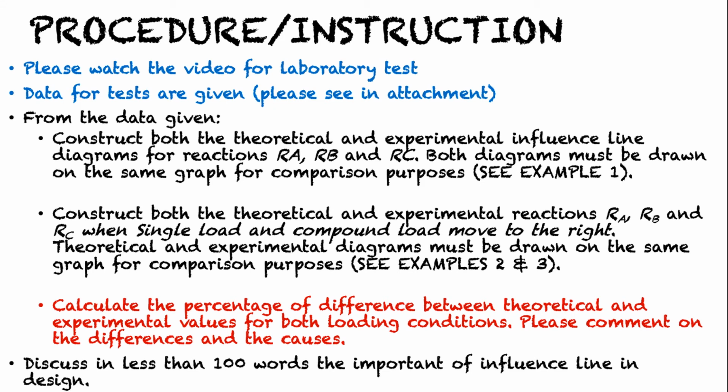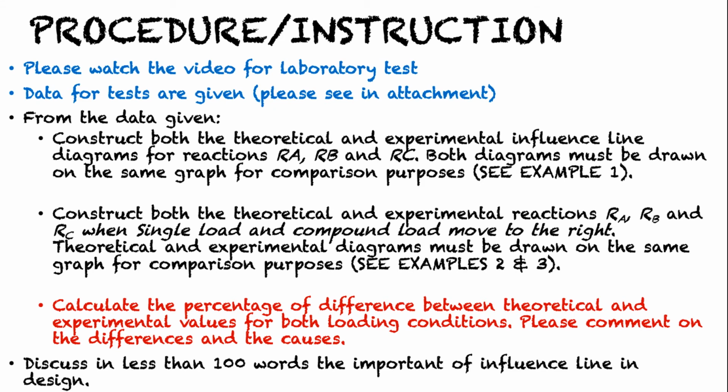And from this data you are needed to do three things. The first is to construct both the theoretical and experimental influence line for RA, RB and RC, and compare between the theoretical and the measurement.